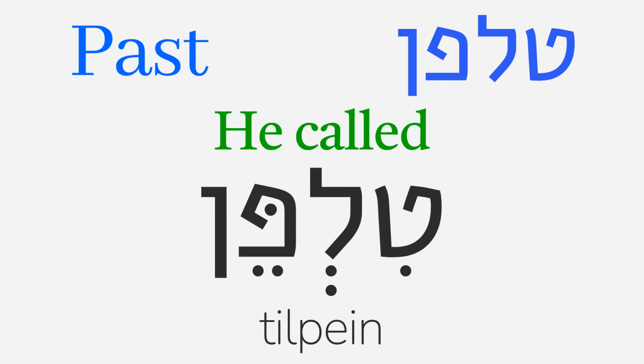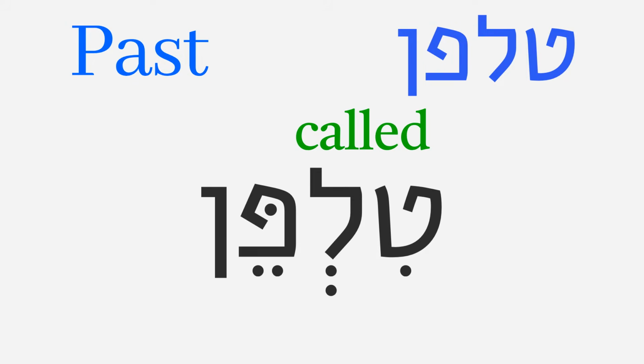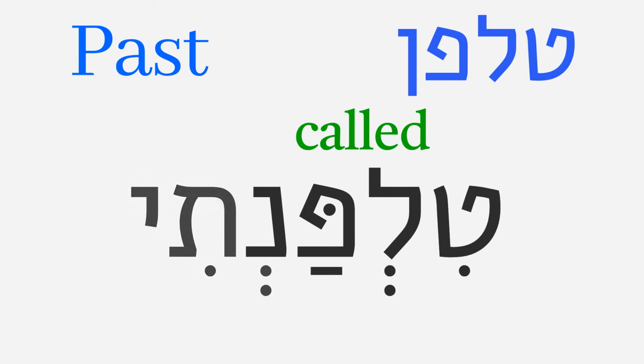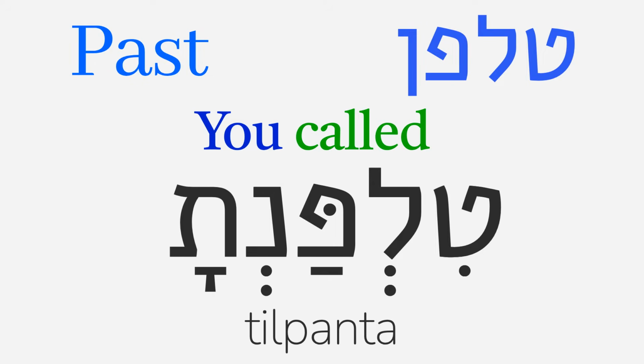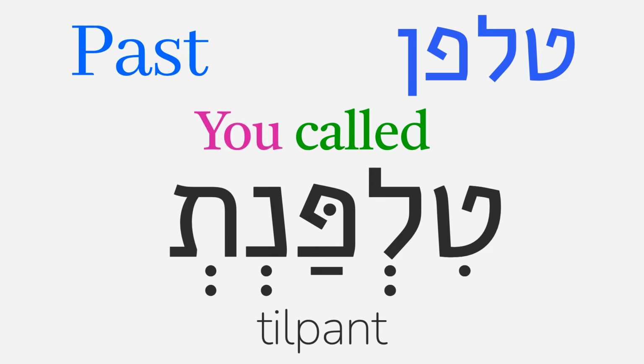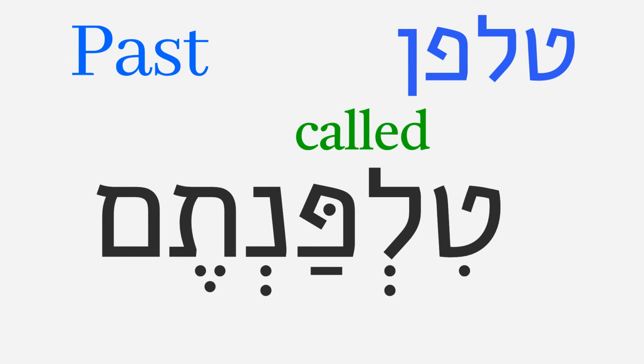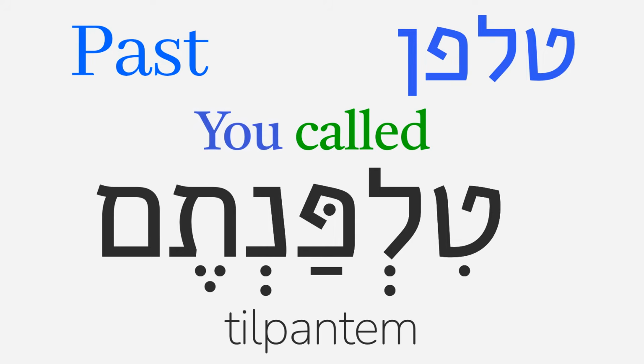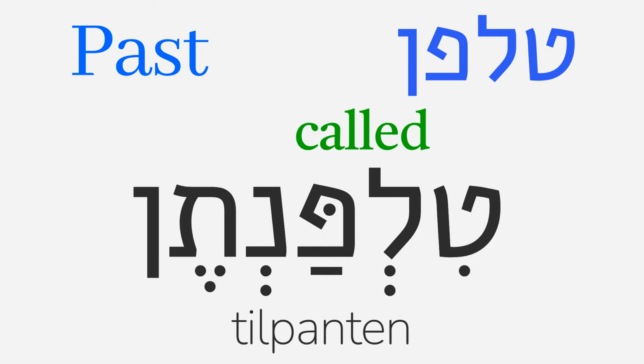Tilpen, he called. The same as a regular PL past tense, this tsere on the second to last letter will change to a patach when we add the endings ti to make tilpanti, I called, ta to make tilpanta, you called masculine singular, t to make tilpant, you called feminine singular, tem to make tilpantem, you called masculine plural, and finally ten to make tilpanten, you called feminine plural.